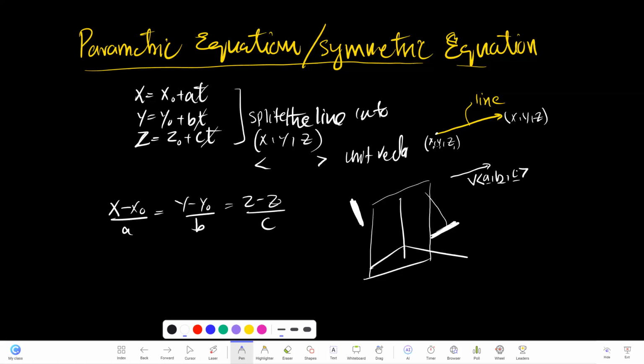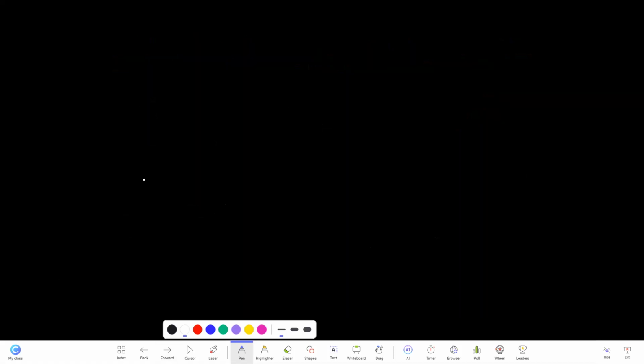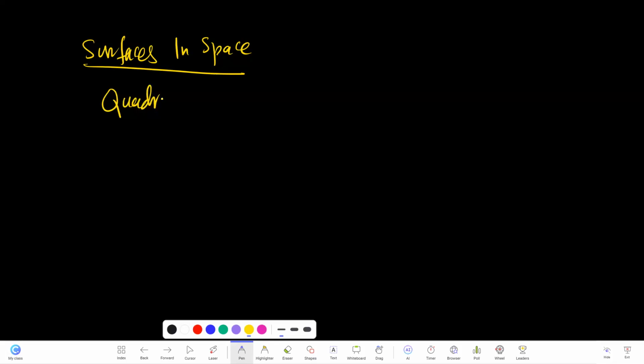Then we talked about a bunch of different things, and the topic was surfaces in space. That's a big topic. And I gave you a very detailed explanation of quadratic surfaces, or quadratic equations, and we talked about that one.